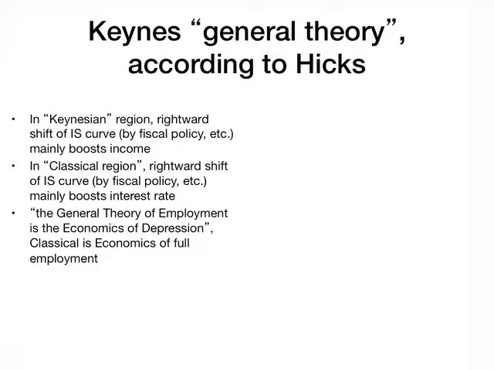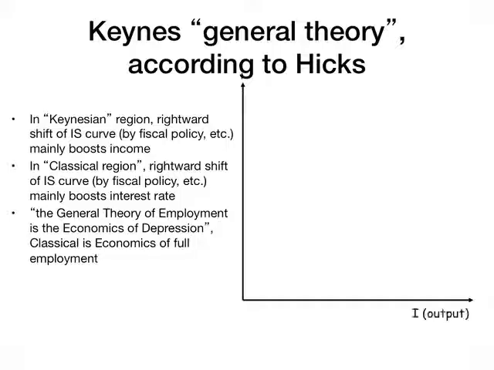Okay? The General Theory of Employment is the economics of depression. So what he's saying is, when things are really, really, really bad, Keynesian economics switches on. The rest of the time, you guys are in charge and your ideas dominate. The rest of the time, classical economics works. It's the economics of full employment.